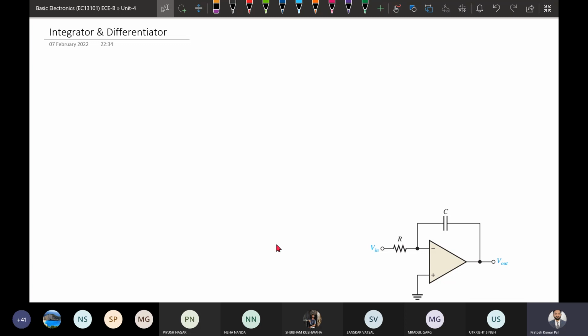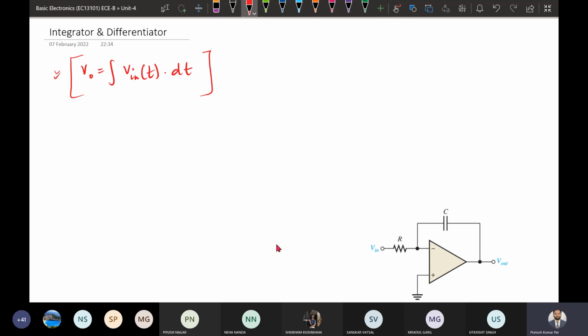If we talk about the basic integrator and differentiator, the operation of an integrator is that the output we get is an integral of the input with respect to time, and this input is a time dependent input. We get this form of relation by using the operational amplifier behaving like an integrator.